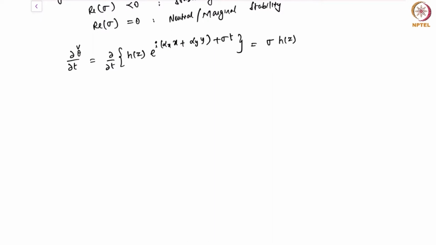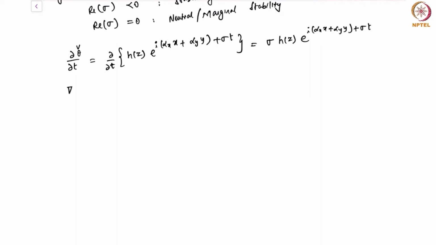The only term which can be differentiated with time is the last term, e power sigma t, and that is just sigma times e power sigma t. That's exactly what we have, e power i (alpha x x plus alpha y y) plus sigma t.